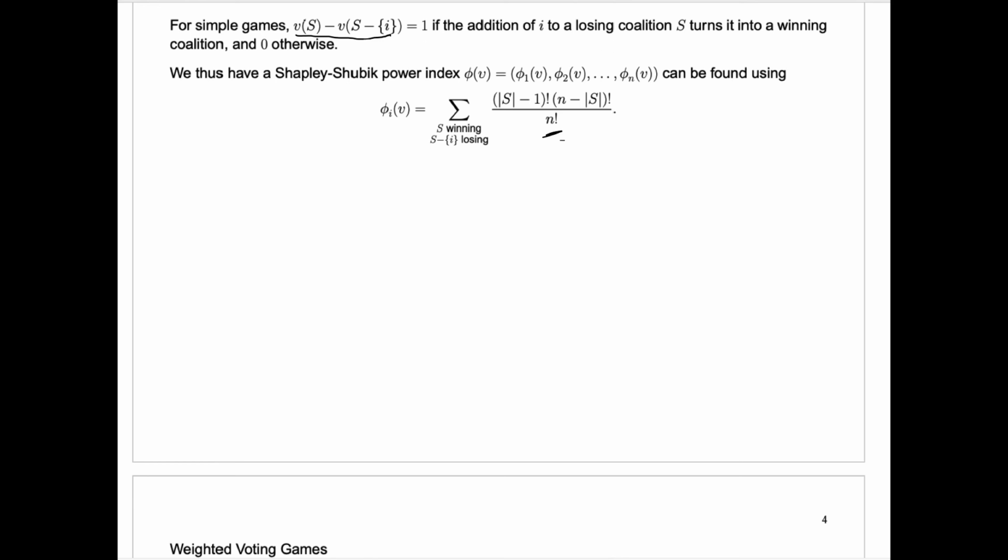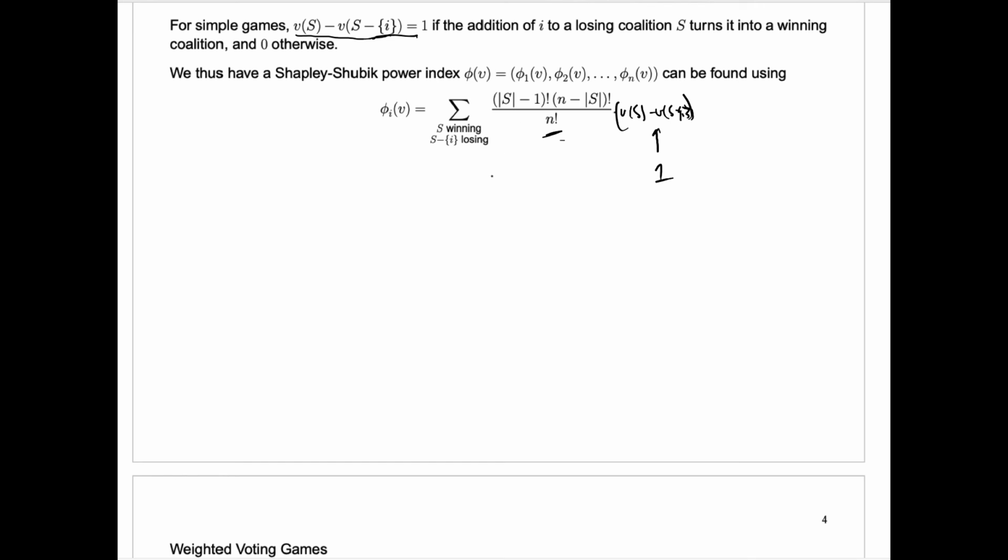Then we add player i, and we're multiplying this quantity by v(S) minus v(S minus i). Of course, this will just be equal to 1, so that's why we didn't even write it there, because multiplying by 1 doesn't change the formula.